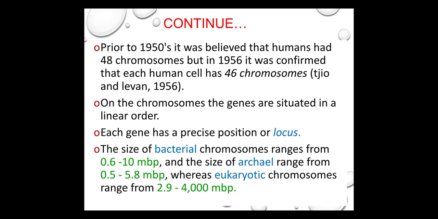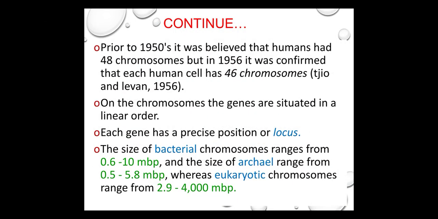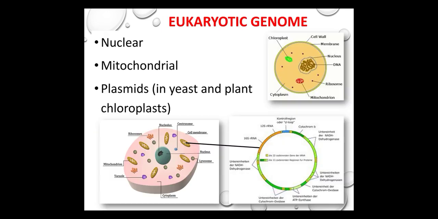The size of bacterial chromosomes ranges from 0.6 to 10 mbp, and the size of archaeal chromosomes ranges from 0.5 to 5.8 mbp, whereas eukaryotic chromosomes range from 2.9 to 4,000 mbp. Then eukaryotic genes are nuclear, and there are also mitochondrial genes and plasmids in yeast and plant chromosomes.